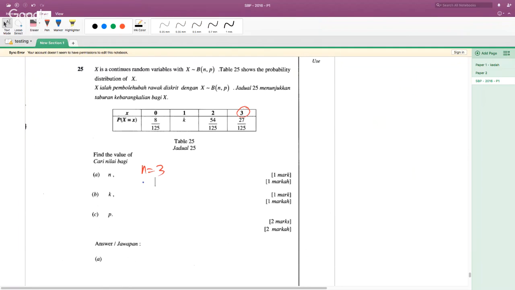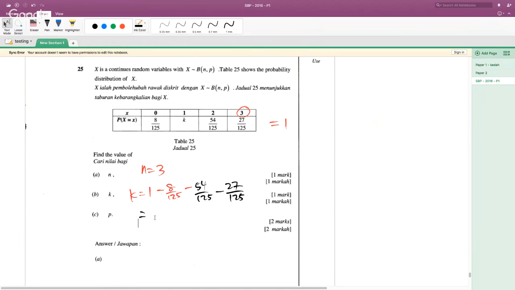All right, K. In order to find K, we know the probabilities all sum together to equal 1, right? So in order to find K, I use 1 minus the rest. Minus this one, minus 54/125, not 55. I will minus 54 over 125, minus 27 over 125.